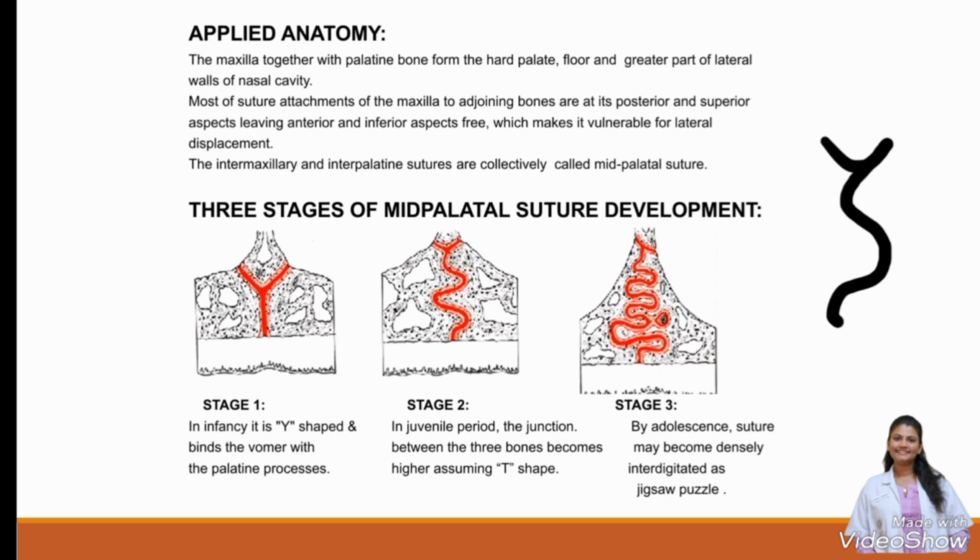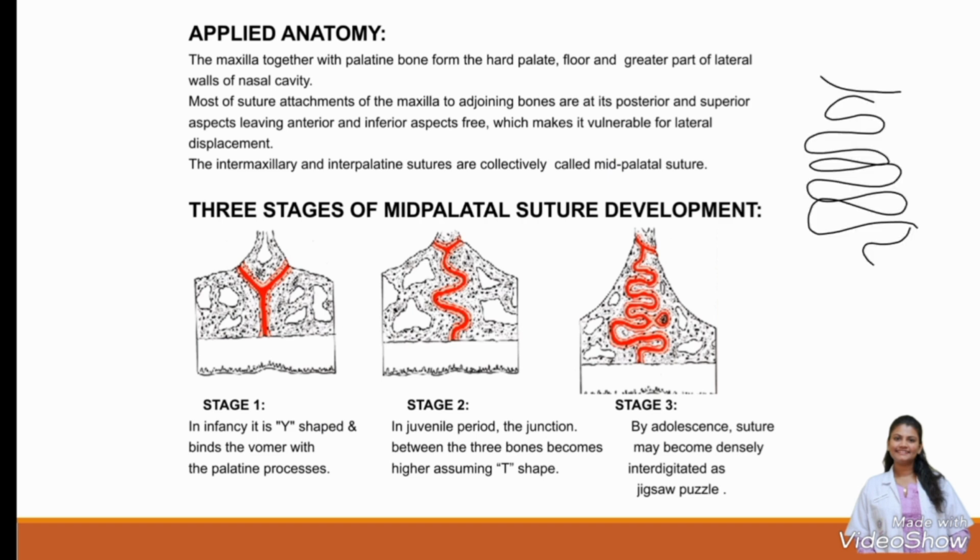Upper portion of Y flattens out and vertical portion develops curve, effectively increasing suture's length. It also gives a T-shape configuration. Stage 3. By adolescence, suture may become densely interdigitated, giving appearance of jigsaw puzzle associated with full maturity.